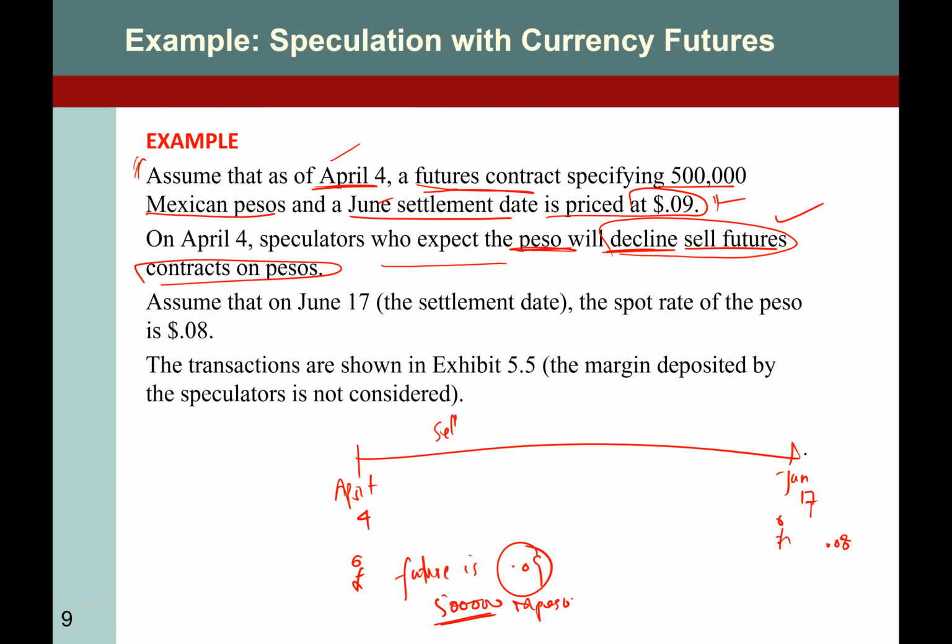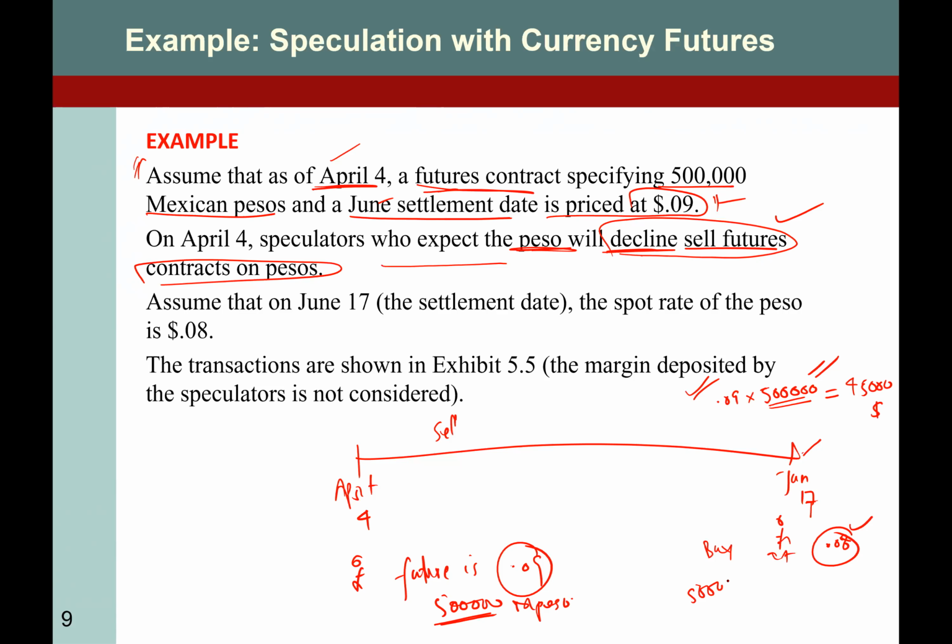So the counterparty will purchase from you at 0.09. The question didn't mention that this is a non-deliverable contract. So you have to provide these 500,000 pesos and he will give you the amount, which is 45,000. How can you arrange it? You go to the market and buy at 0.08.